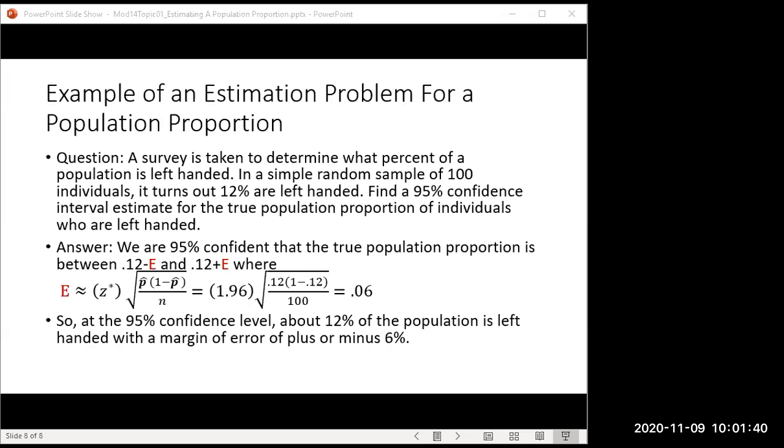Okay, well, our critical value of Z at the 95% confidence level is 1.96, because 95% of the time a normally distributed random variable will be between plus and minus 1.96 standard deviations away from the mean. And this big square root tells you how much is one standard deviation.